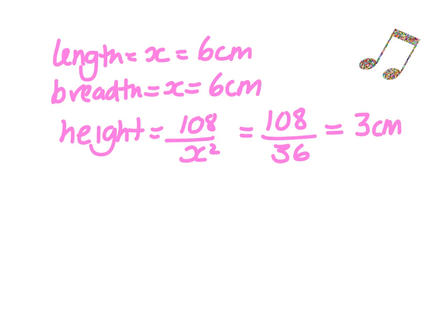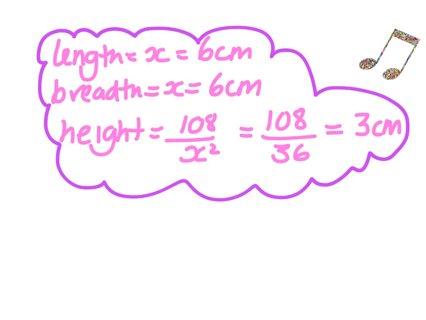There are 3 36s in 108. So the length was 6 centimetres, the breadth was 6 centimetres, and the height is 3 centimetres. Always take the time to check the question at this point to ensure that you've answered exactly what you've been asked for.